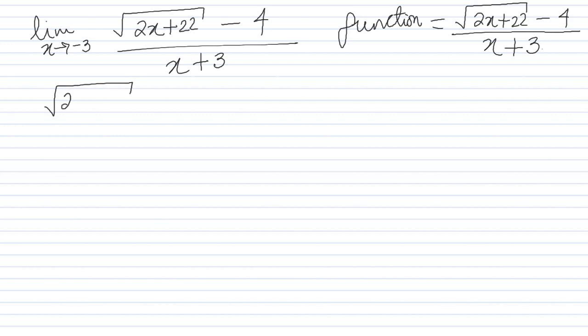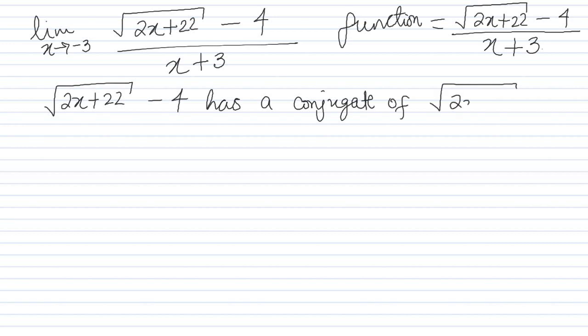So you have the square root of 2x plus 22, minus 4, which has a conjugate of the square root of 2x plus 22 plus 4.